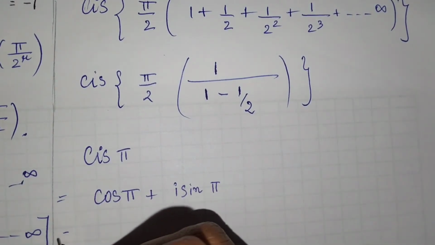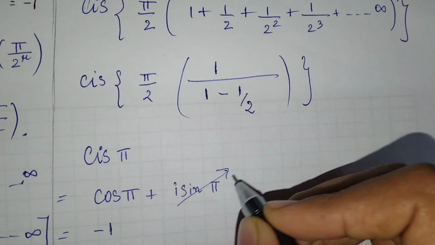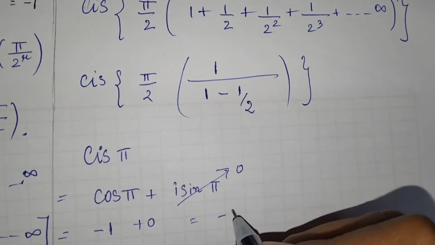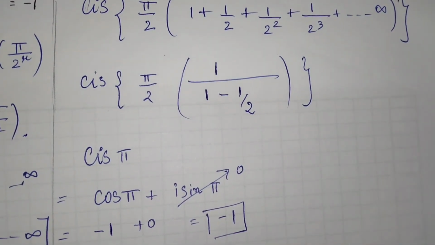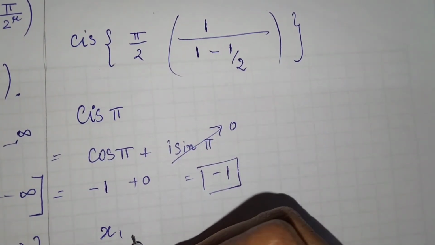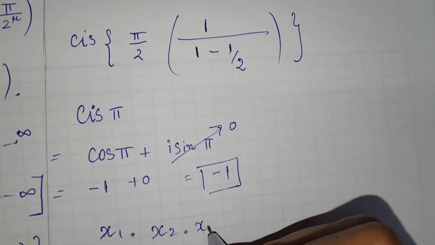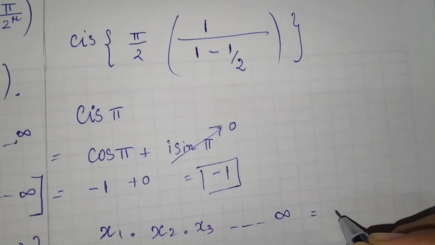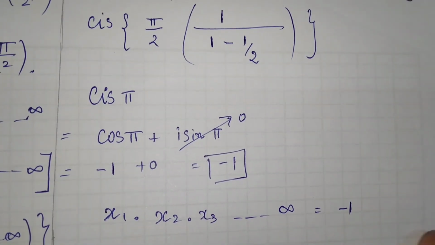But the value of cos pi is minus 1, and sin pi is 0. So we got minus 1, which is what we had to prove. We proved that if we multiply all these terms up to infinity, the answer will be minus 1.